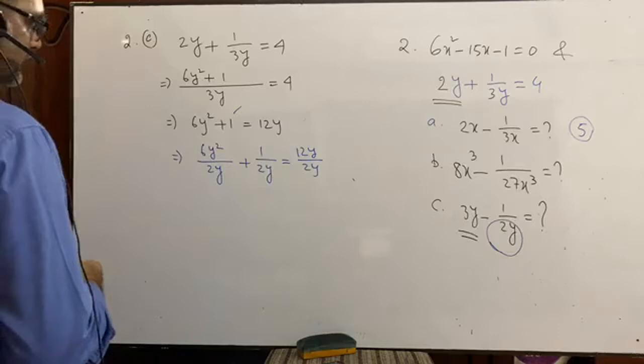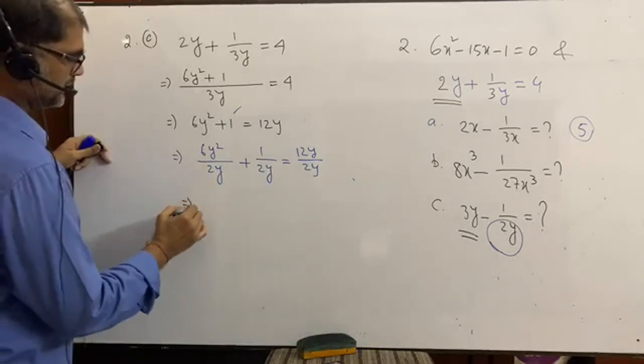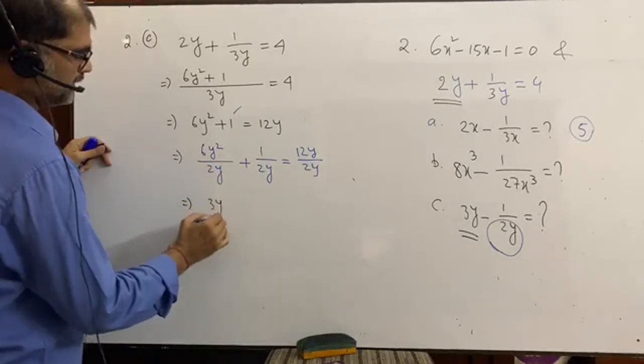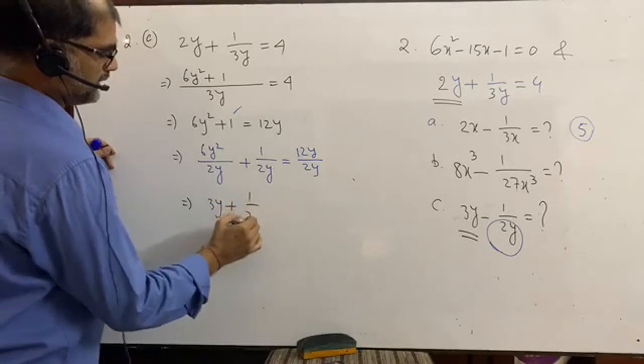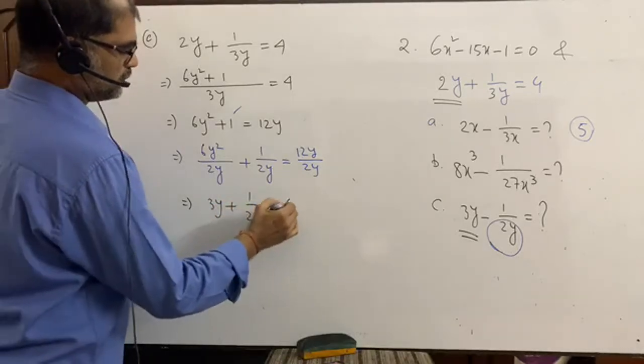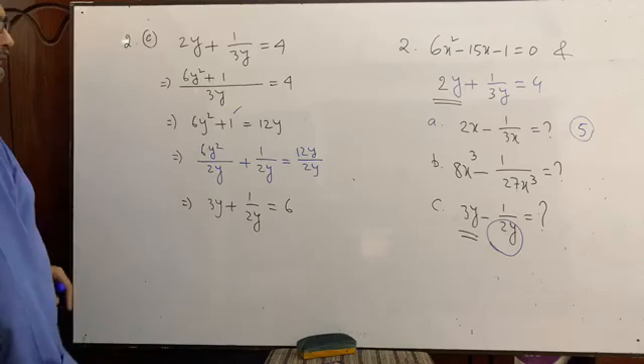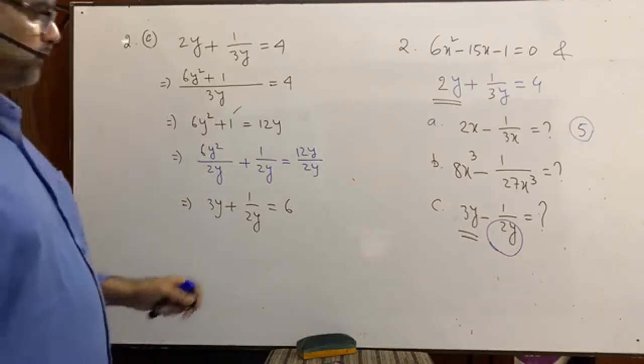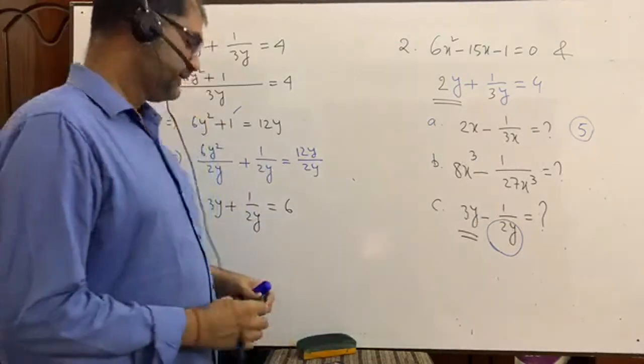That means we are getting here 3y plus 1 by 2y is equal to 6. We have got this value, but here it is minus. Then what is to do?